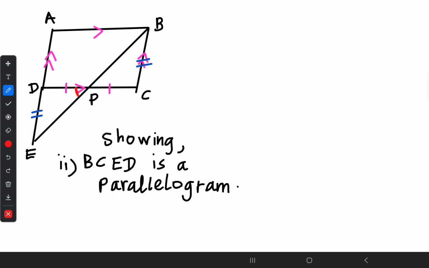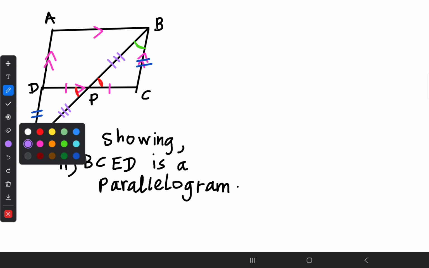This angle equals this one, likewise this angle equals this one, and finally this one equals this one, and the remaining angle equals this one. So after congruence, the remaining elements are also equal to the other triangle's remaining elements.